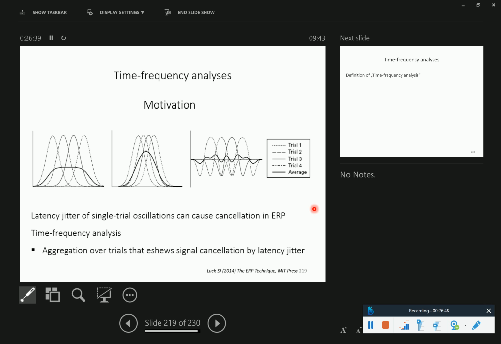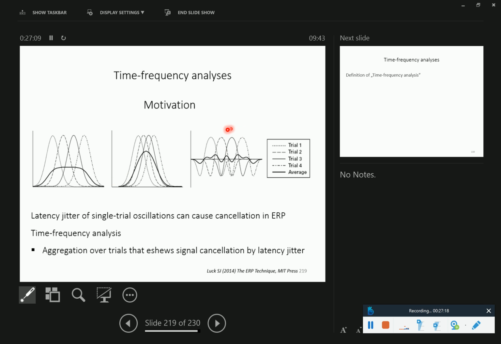So what is the basic motivation? If you look into papers, it's not necessarily clear that the main motivation was actually this one. The main motivation, as I previously discussed, is that in the time domain you might have a latency jitter.